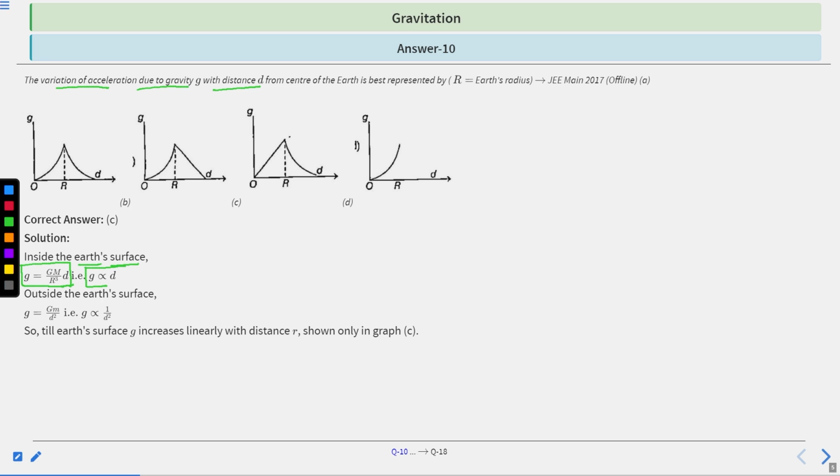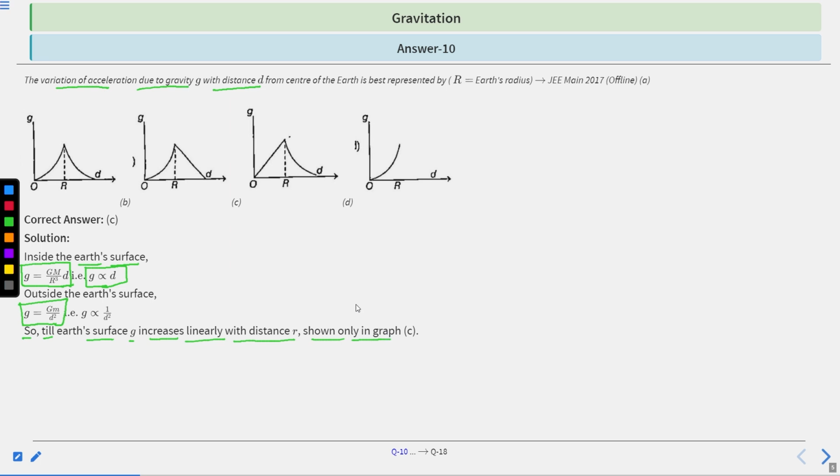And outside the Earth's surface, g is equal to GM divided by d square, so g is inversely proportional to d square. So up to the Earth's surface, g increases linearly with distance, shown only in graph C.